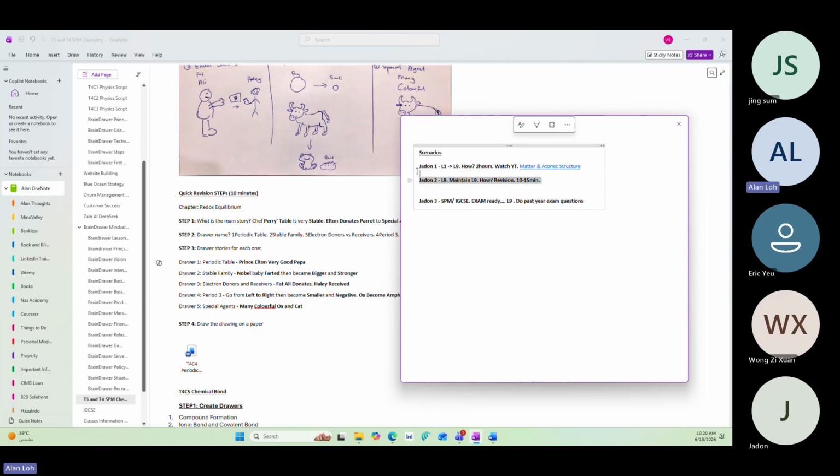Now, if you're at these 2 levels, you're fine, but these 2 levels are to help you answer the past year exam questions before you sit for exams. For Eric, Jaden, and Shen, you still have 1 more year than Jingsam, but the earlier you prepare yourself, the better it is. Okay, so that's the last part.